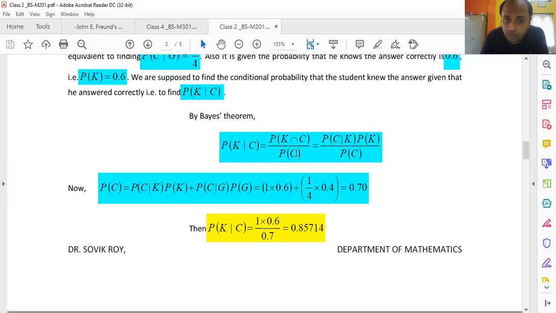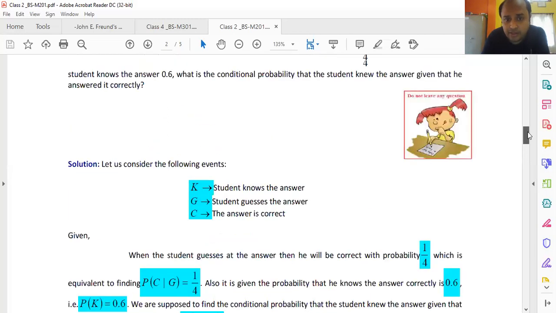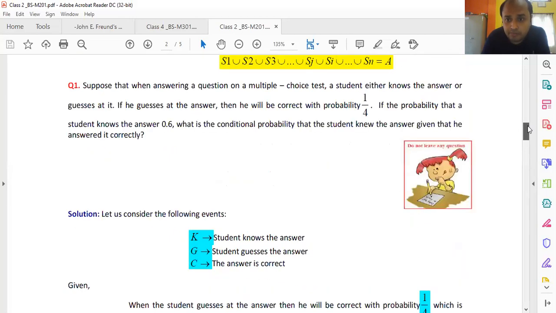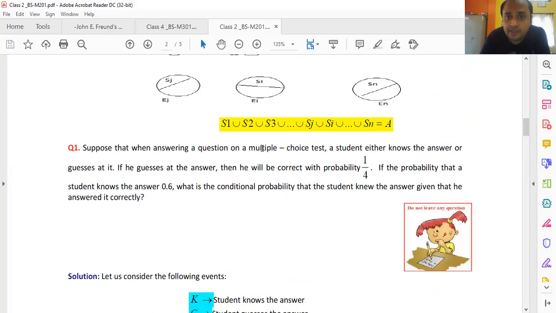Okay, so you see, I'm not explaining the problem because you have already known what to do. The most important part is that by reading out these statements, you have to identify what events you should consider. What is your sample space? Now, in the previous case, which you have done, malfunctioning, sabotage, explosion, static electricity, these were mutually disjoint.